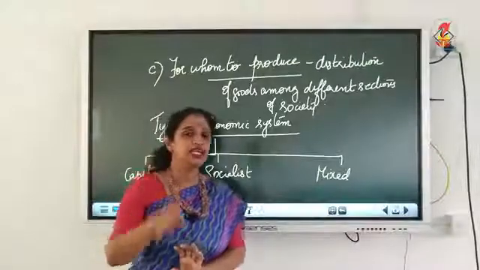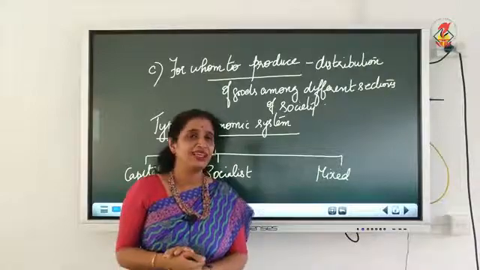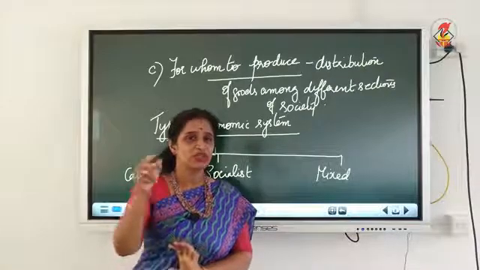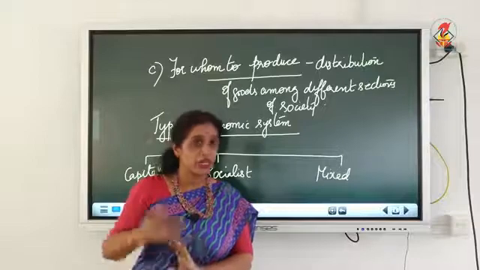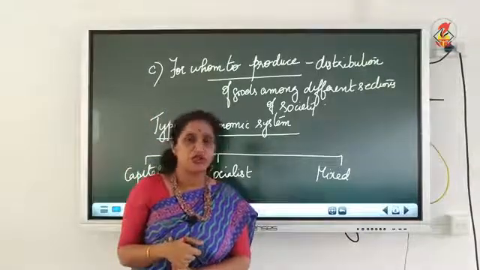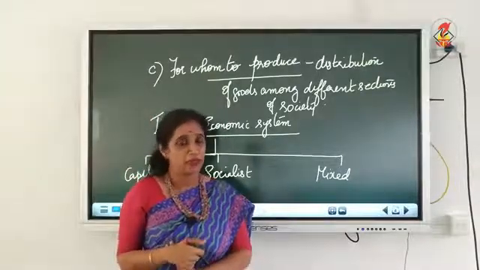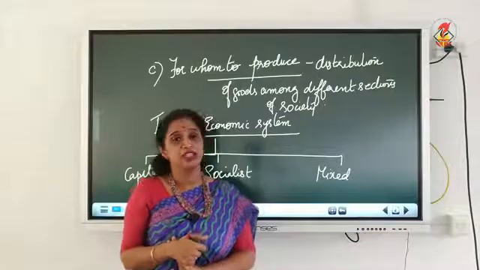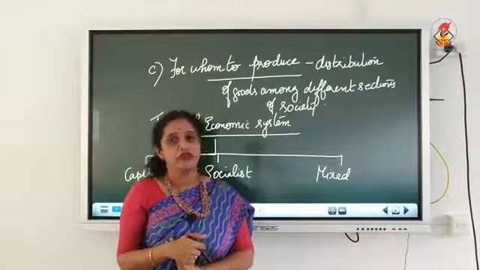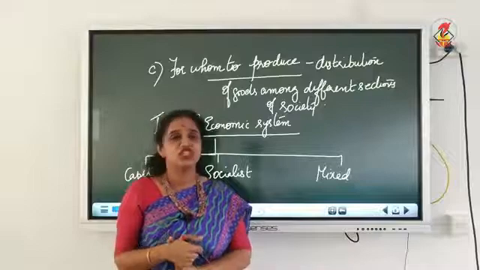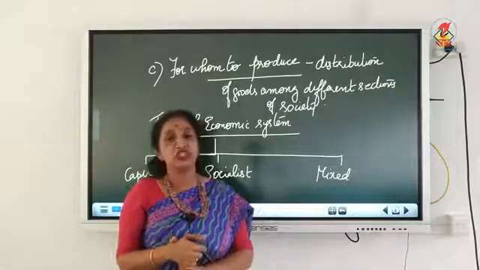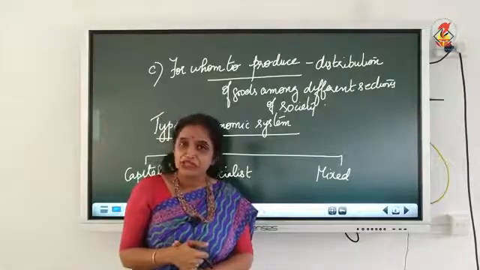Mainly, there are three types of economic system. India had to decide which economic system is apt for our country during that time period, soon after independence, because the main aim was to bring back India to a prosperous economy. Therefore, it was a challenge to the government to decide which economic system to adopt.